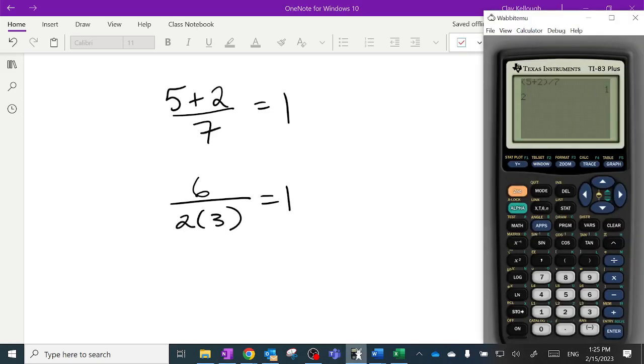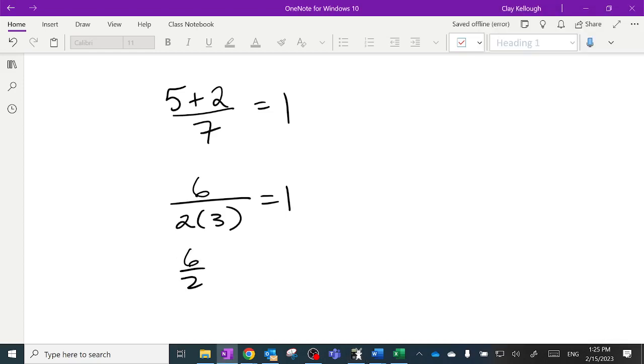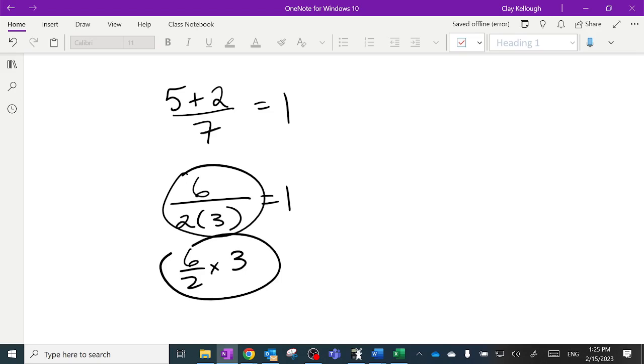If I punch that on the calculator, and I just do it the way I say it, 6 divided by 2 times 3, without a bracket, it thinks that I want this. How do I tell the calculator, no, dummy, I want this, I don't want that? I do it with a bracket. Now, this bracket here is just me being lazy and not wanting to write a times symbol, so I use brackets.